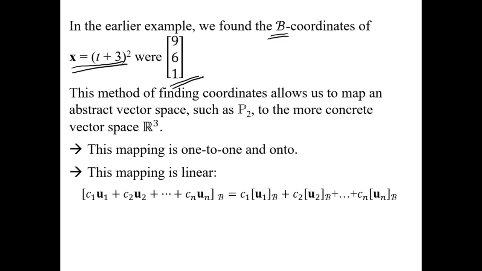This mapping is one-to-one and onto, which means that if we've got a vector in whatever that abstract space is, not only is it guaranteed to have a corresponding vector in R3, that vector is going to be unique, meaning that it only maps to one place.